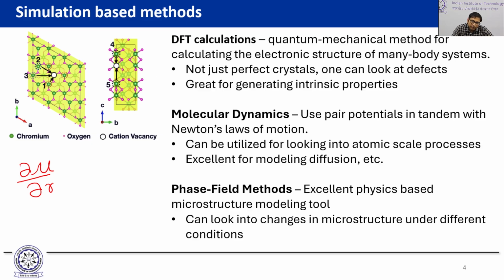So once you know the force, now you can start solving Newton's laws of motion. This type of method is an excellent way if you want to look into atomic scale processes. So things like modeling of diffusion or maybe viscosity in case of fluids, formation of clusters in the liquid state, all of these things can be studied with molecular dynamic simulations.